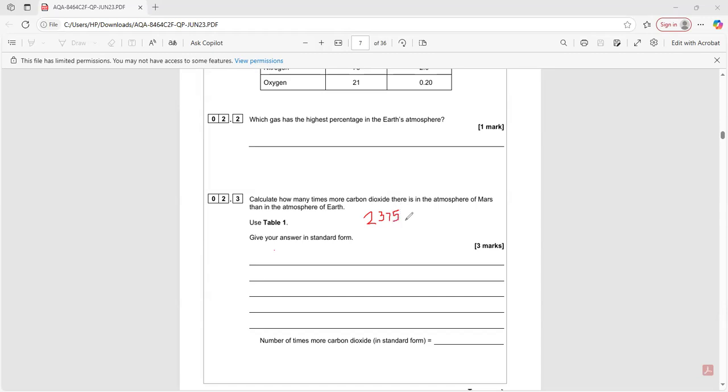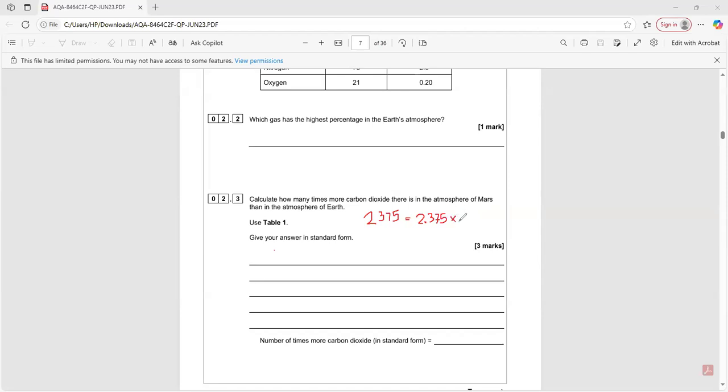Okay. So to put this in standard form, what's it going to be? That's going to be 2.3. You know, in standard form, the first number is always a number between 1 and 10, right? So once you establish that, you know what you're doing.